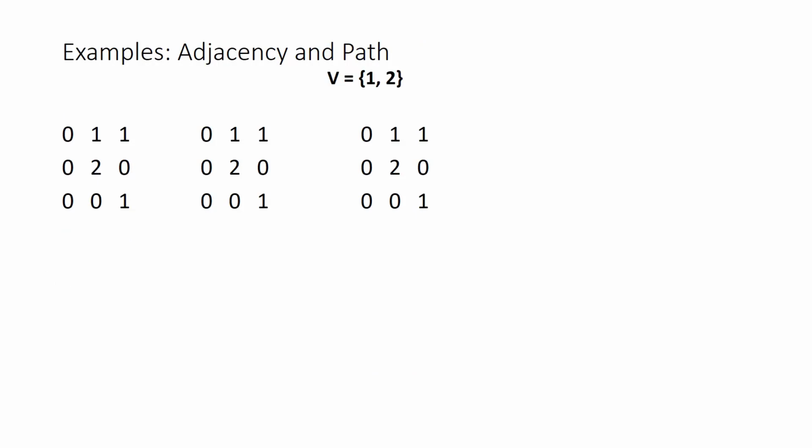In the present example, we assume that V, the set of intensity values, is equal to {1, 2}. In the first case, we can establish a pixel relationship, that is adjacency, between these pixels. So 1 and 2 belong to V, and there is a path from 2 to 1.